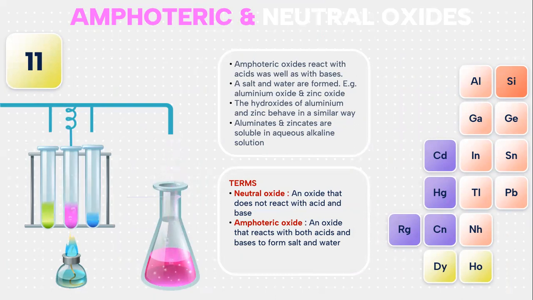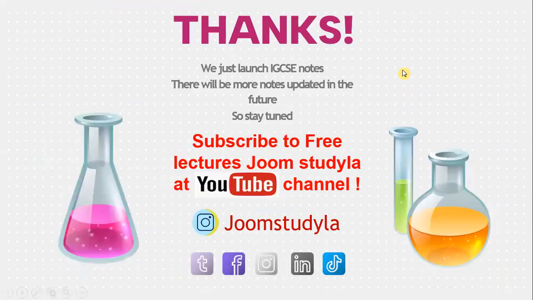The hydroxides of aluminium and zinc behave in a similar way. Aluminates and zincates are soluble in aqueous alkaline solution. A neutral oxide is an oxide that does not react with acid and base. An amphoteric oxide is an oxide that reacts with both acids and bases to form salt and water.